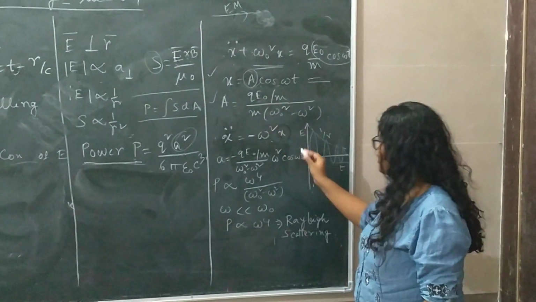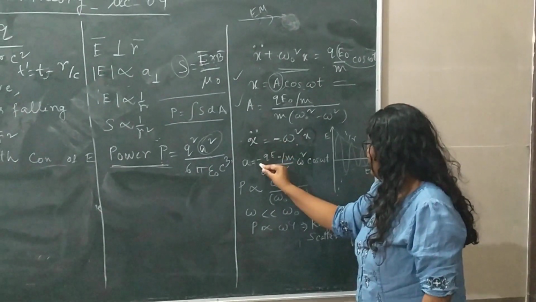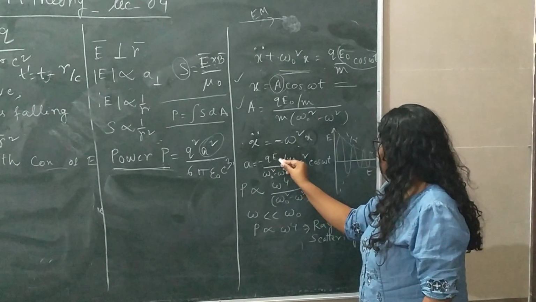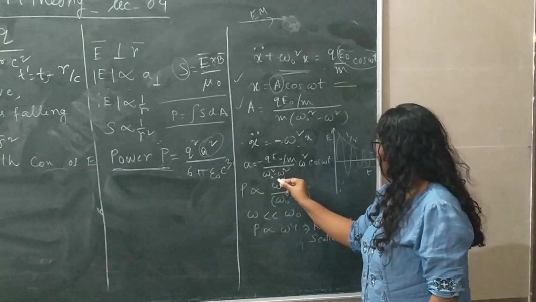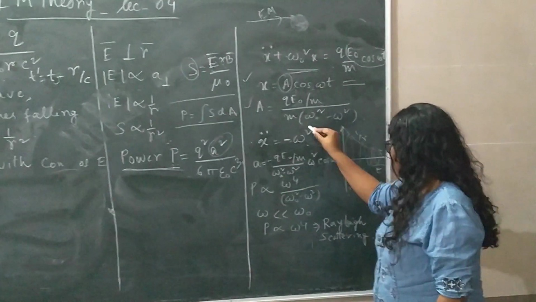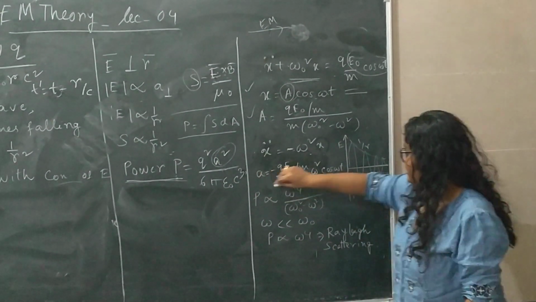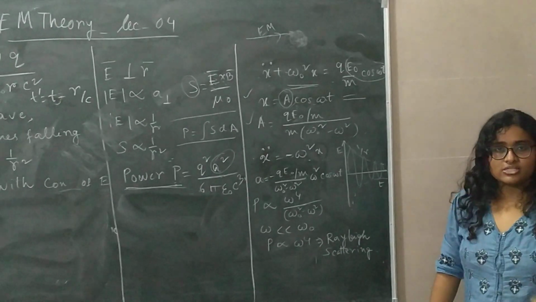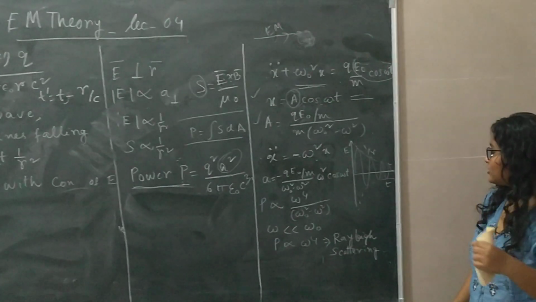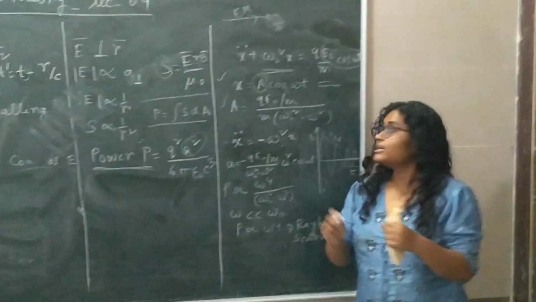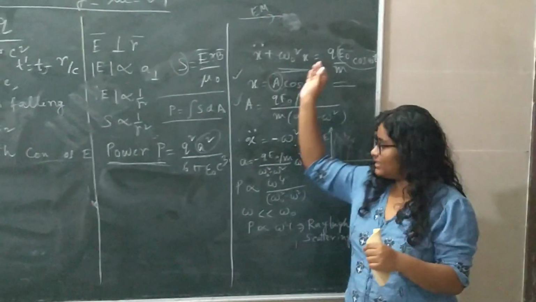So the total is minus q E naught by m into omega square over omega naught square minus omega square, into cos omega t. That is the acceleration of the charged particle, the electron, oscillating due to the incident electromagnetic field.